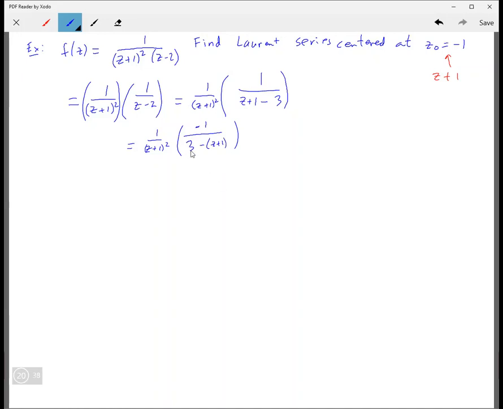Okay, but I need a 1 right here. If I multiply the numerator and the denominator by 1/3, that would give it to me. In fact, let's pull a -1/3 all the way out to here.